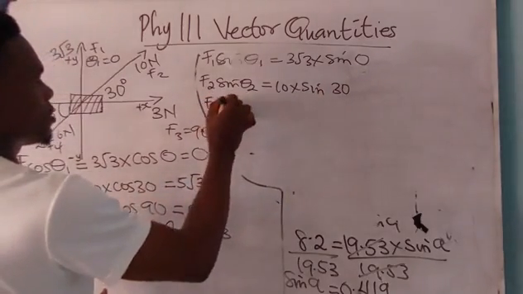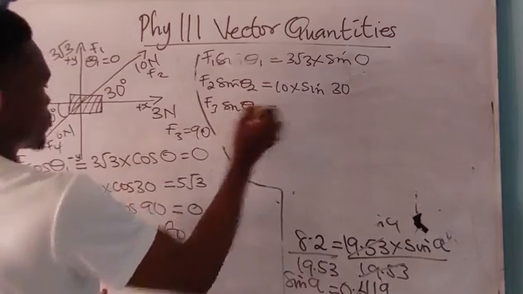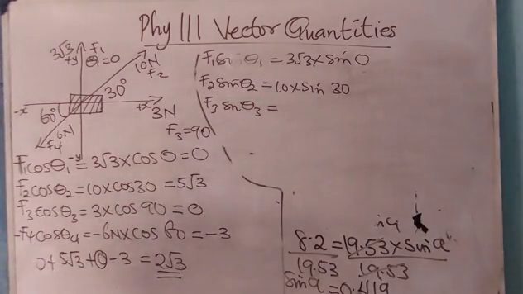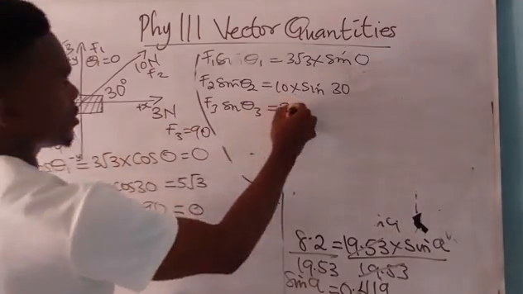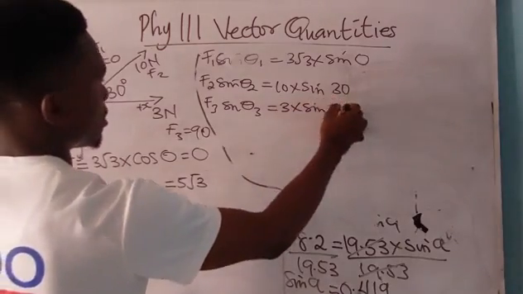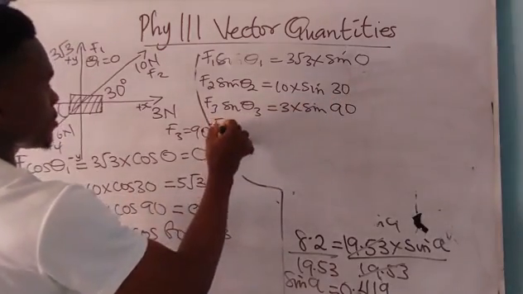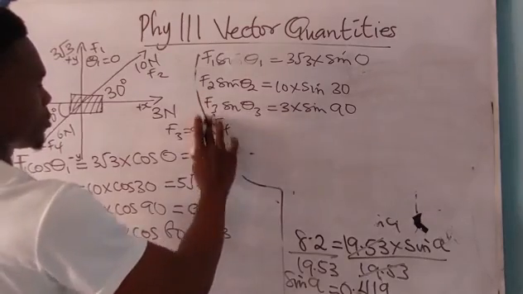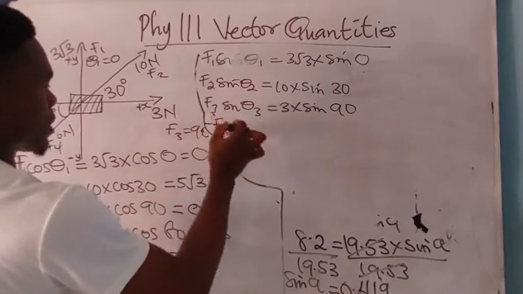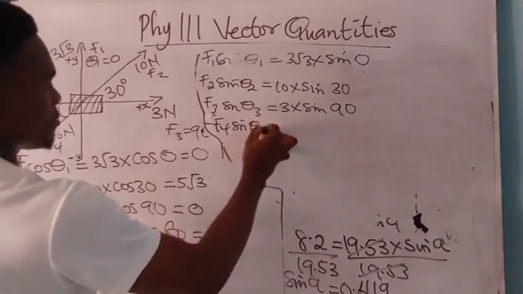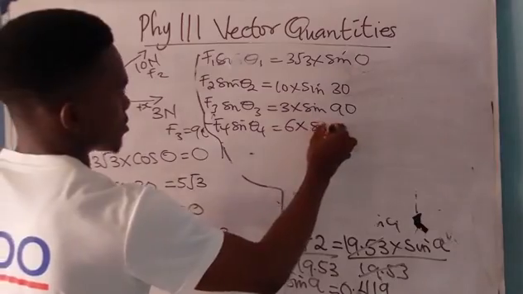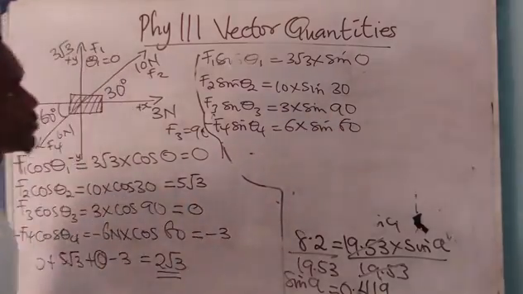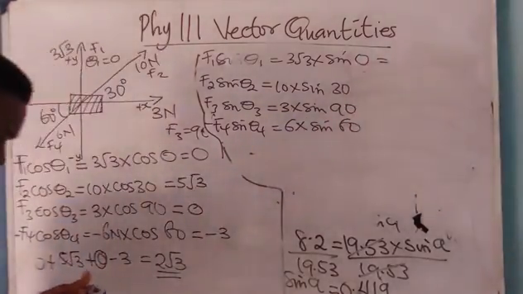Then F3 sine theta 3 equals 3 times sine 90. Then minus S4 sine theta 4 equals 6 times sine 60.